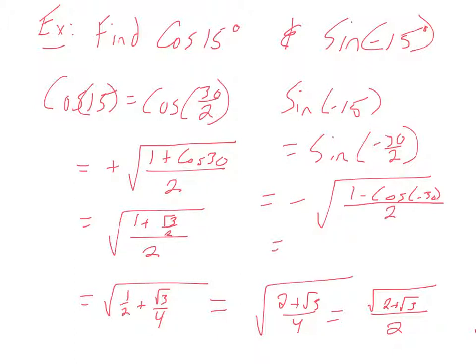And so we'll end up getting negative square root of cosine negative 30, which is still positive square root of 3 over 2, all over 2. And so we're going to get the same exact thing more or less, except it's going to end up being negative square root of 2 minus square root of 3 over 2.